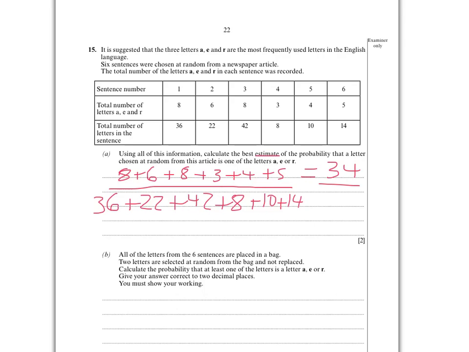So put those numbers in your calculator and you should get 132. And so the probability that a letter chosen at random from this article is one of the letters A, E or R is 34 divided by 132.